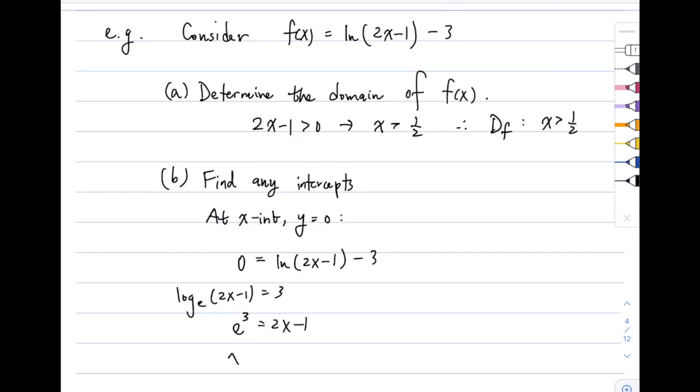And so if you solve for x, you get e cubed plus 1 by adding 1 to both sides, and then you divide by 2, and that's your x-intercept. So I guess you could say, therefore, the x-intercept is. Usually it's good to give it as coordinates, but I suppose with intercepts you can also just give the value, but I think it's nice to just give the coordinates if you can. Okay, so that's our x-intercept.